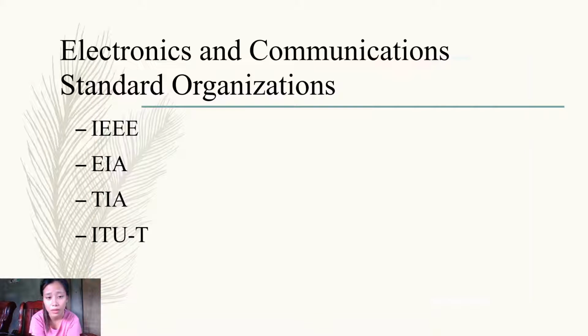So for the next one, we have the electronics and communication standards. We have the IEEE, EIA, TIA, and ITU-T. The IEEE is the Institute of Electrical and Electronics Engineers, and EIA stands for Electronic Industries Alliance. TIA stands for Telecommunications Industry Association.